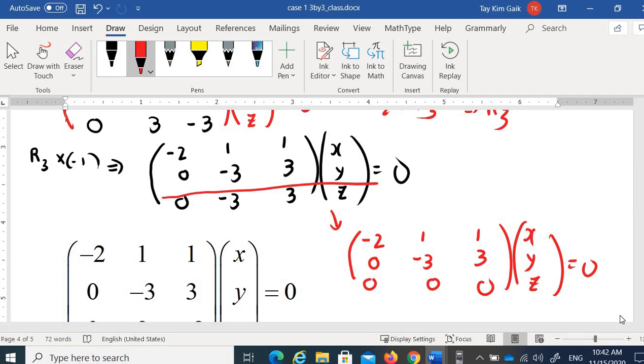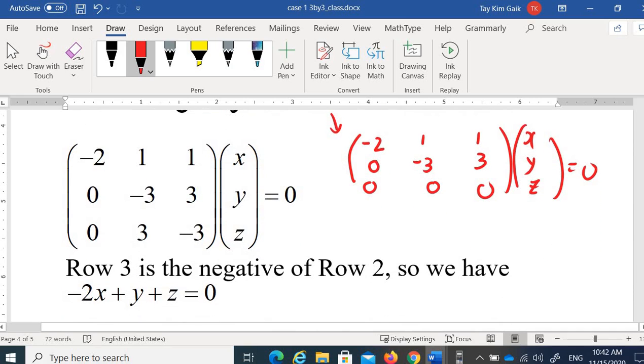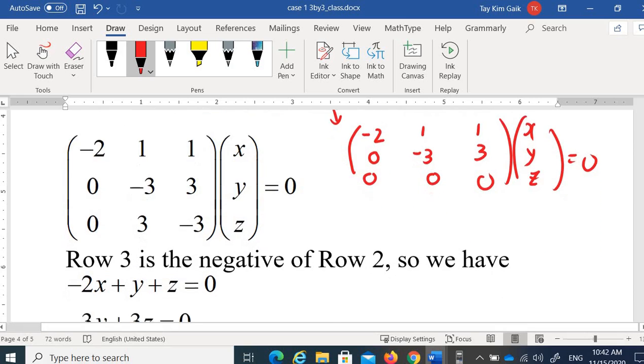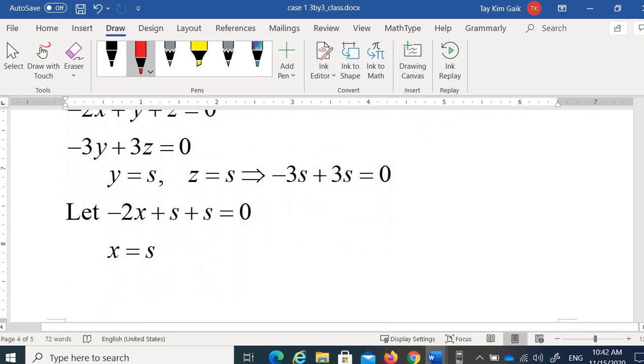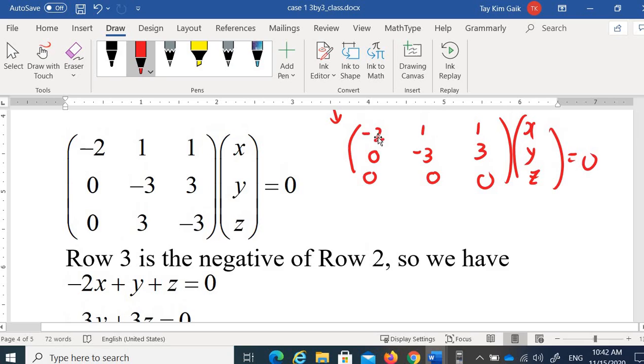That's why from 3 unknowns with 3 equations, we reduce to only 2 equations. And then from here, we can read back the system. Equation 1: negative 2x plus y plus z equal to 0.